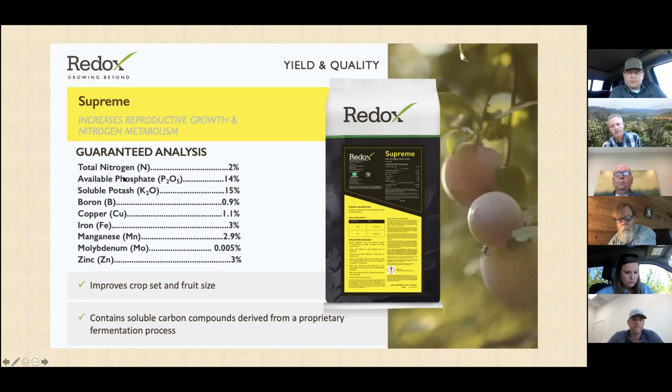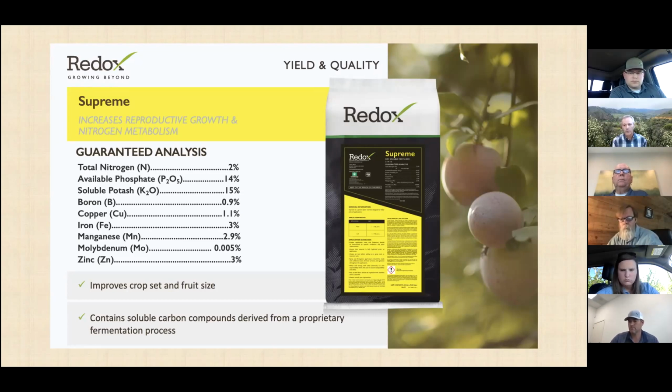The second product is called Supreme. This is the flagship nitrogen metabolism product from Redox. It's also known as Caliper up here in the Pacific Northwest, and as Turf RX Supreme in the turf market. What is shown here is the dry version, a 20-pound bag. There's also a flowable Supreme available.